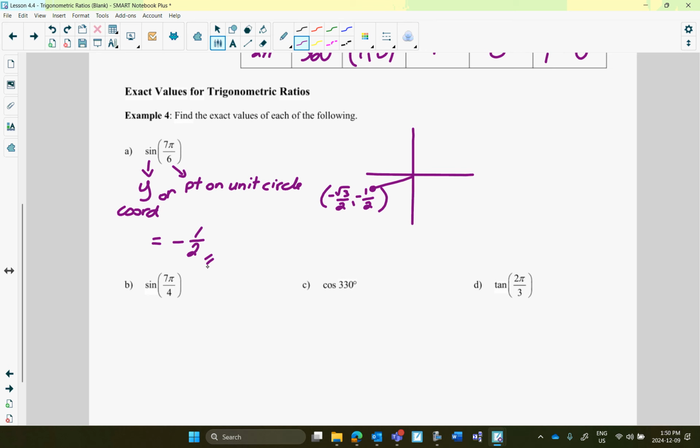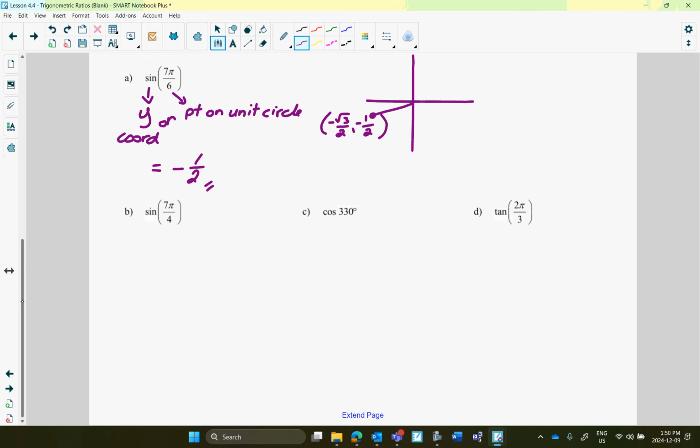You'll find that it may help you to do this first. Or if you get stuck, a lot of you are able to sort of visualize the unit circle. This one tells me y coordinate of 7 pi over 4 on the unit circle.